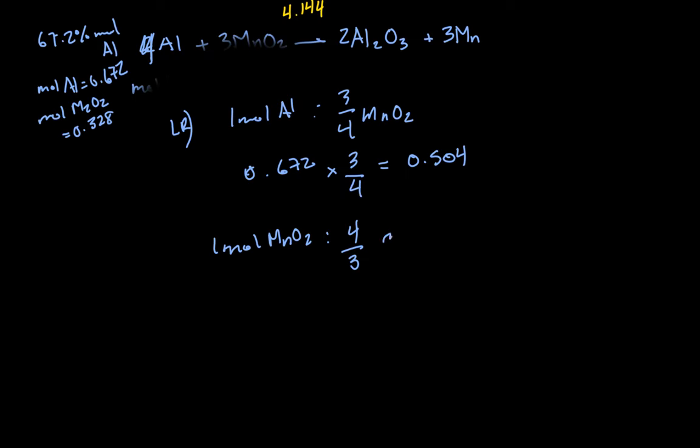Okay, so that means that this is going to be 0.328 times 4 over 3, and that gives us 0.437. Okay, so fewer moles of manganese dioxide than of aluminum, so we know that manganese dioxide is going to be our limiting reagent.